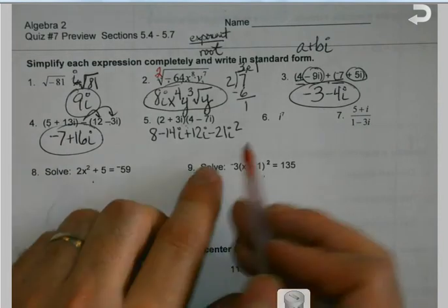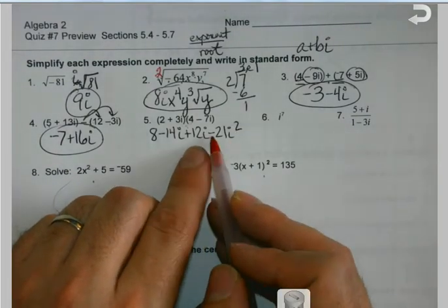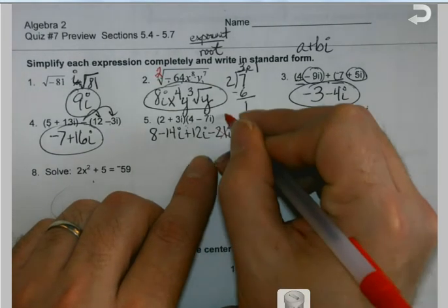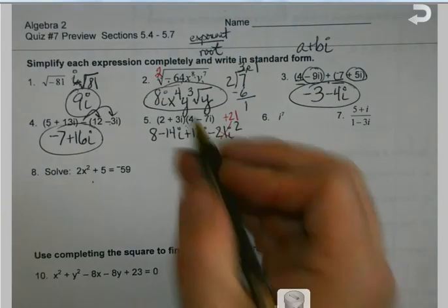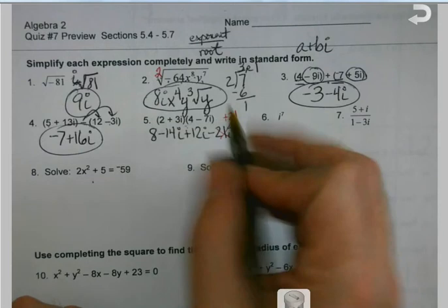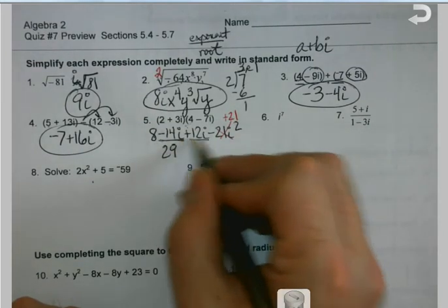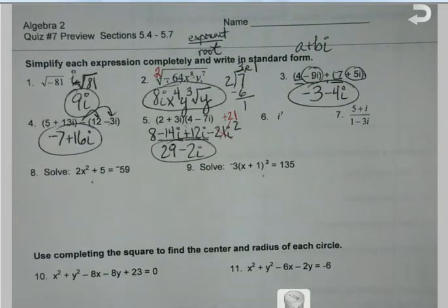So that's the equivalent of me taking this i squared out and replacing it with negative 1. So negative 21 times negative 1 would actually turn this into positive 21. No i anymore. So now I can just combine like terms. 8 plus 21 is 29. Negative 14 plus 12 is negative 2, and that one's ready to go.